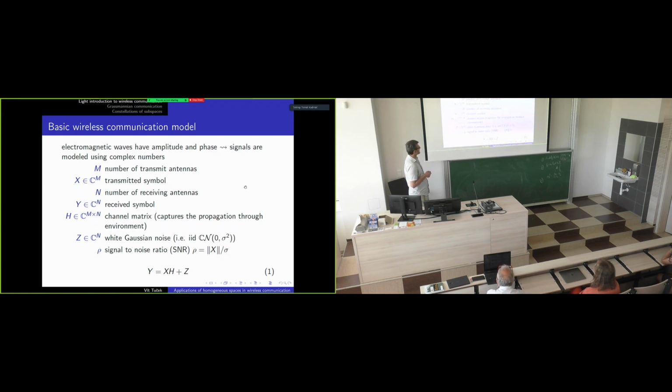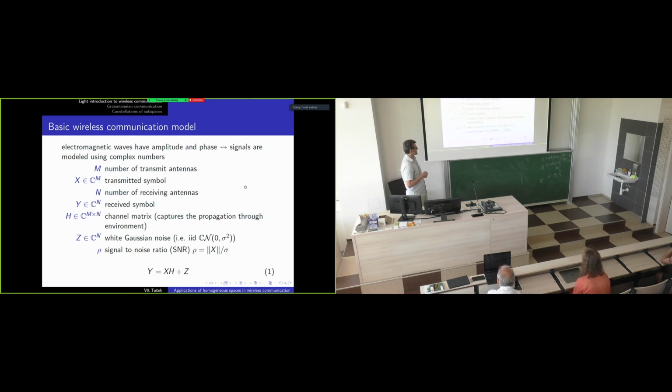This is the basic model, and the matrix that encodes how the signal changes is the so-called channel matrix, which captures the environment. I won't draw any pictures, but just imagine that from some antenna to some other antenna, the signal is reflected or goes through a forest or is blocked by some building and so on. So these effects are somehow captured in this matrix H.